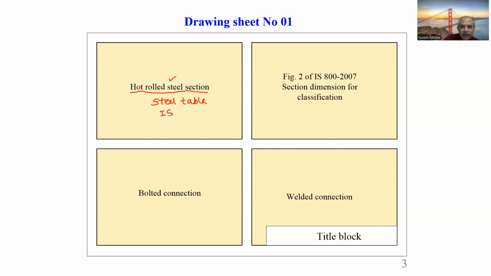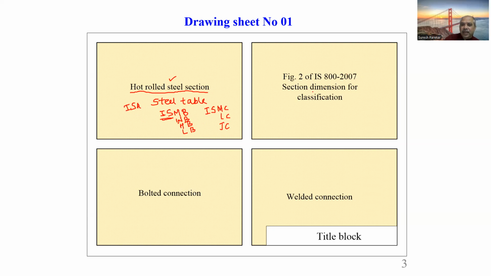If you see, these 2 are common, that is Indian Standard, and then we have different ones, which we will see in the next slide. MB, we have WB, we have HB, we have LB, like this. If I talk about channels, then I have ISMC, I have LC, I have JC. If I go to angles, I have ISA, and that is for both equal and unequal.